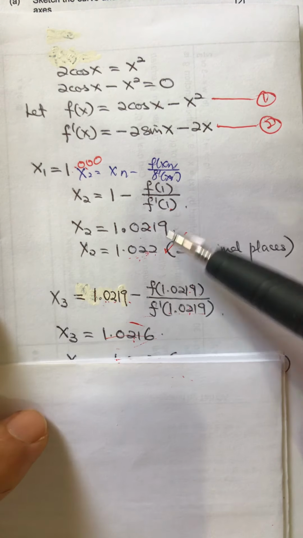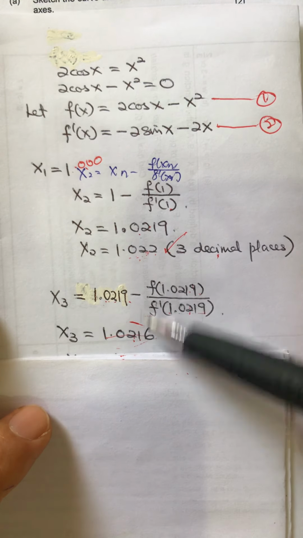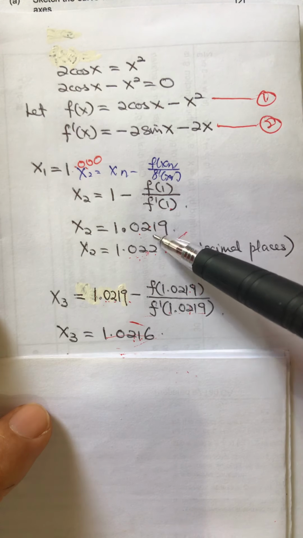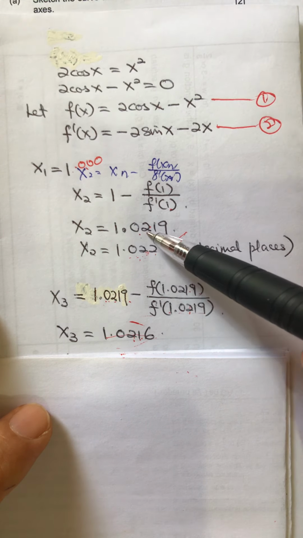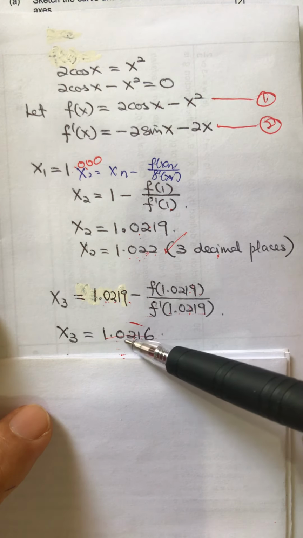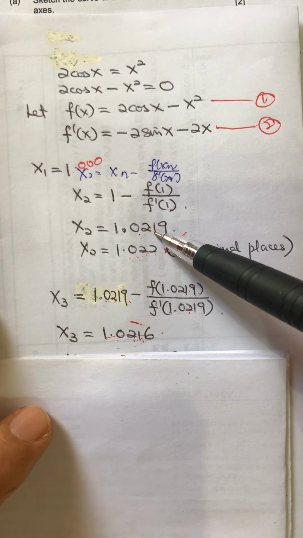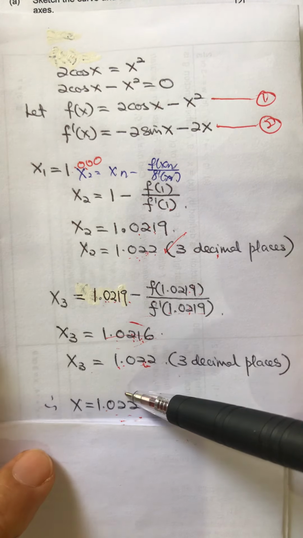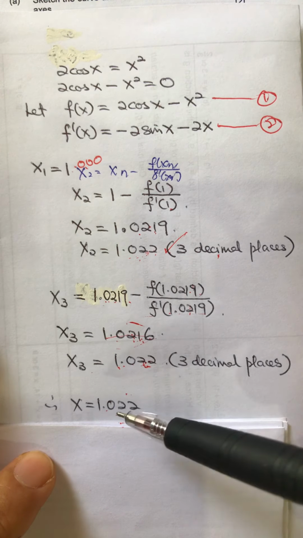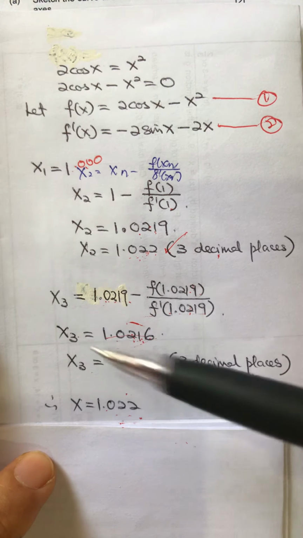But let's say the question asks for 4 decimal places, that means you still cannot stop. Why? Because for 4 decimal places, you have 0.219, 0.216. Of course, 0.216 is better than 0.219. So we still have to continue to see whether we can have an even better answer or not.